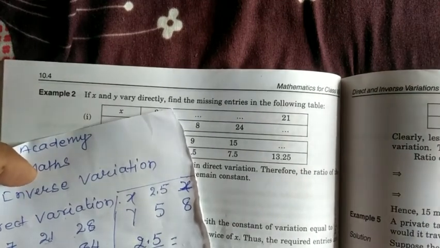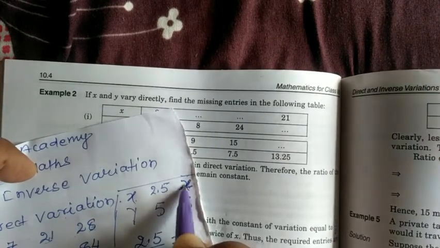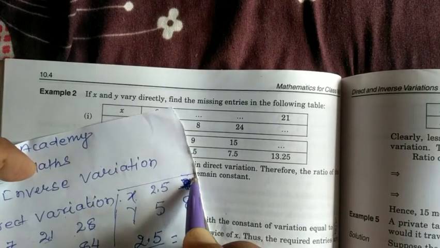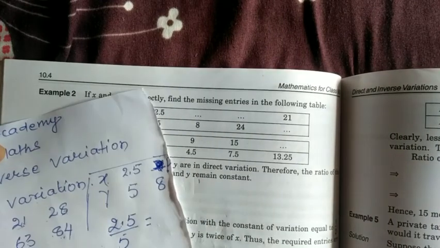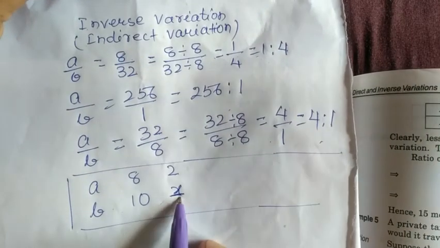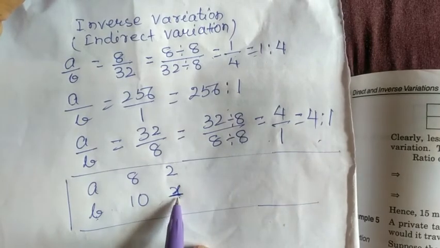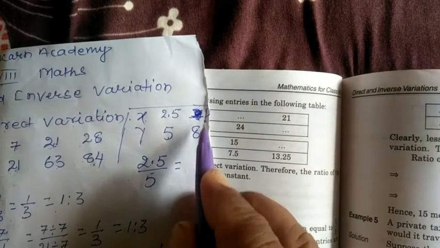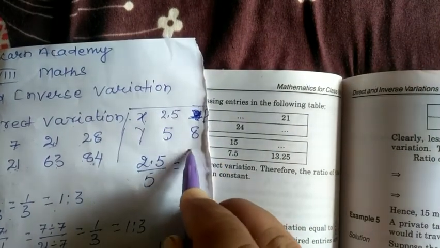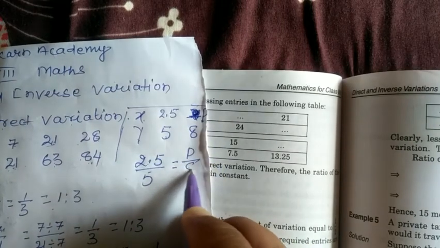Whenever x and y are given, don't put the value of p here. Here in inverse variation, because a and b were given, we could take a different unknown quantity like x. Now see, here it is p. We let p be the unknown quantity, and here it is 8.